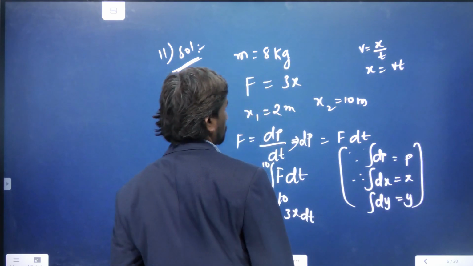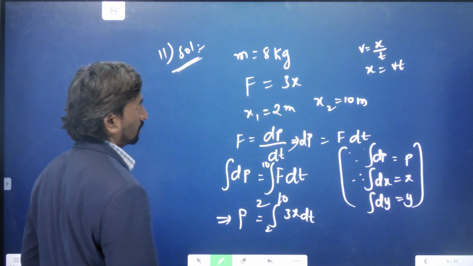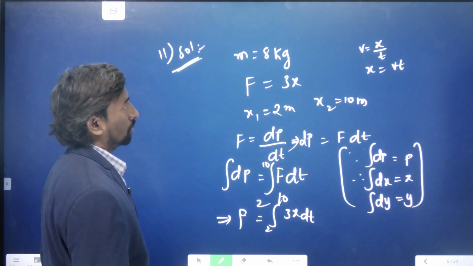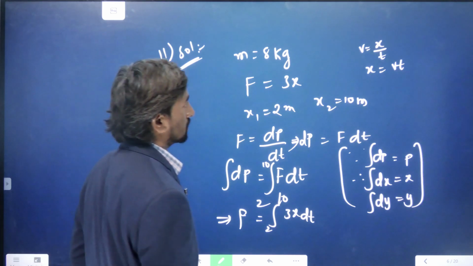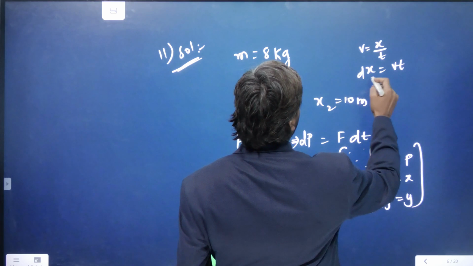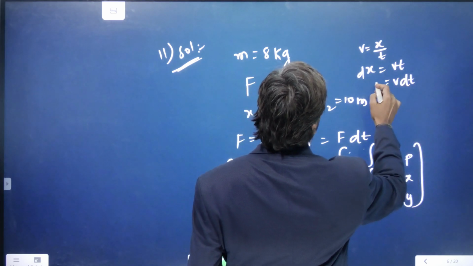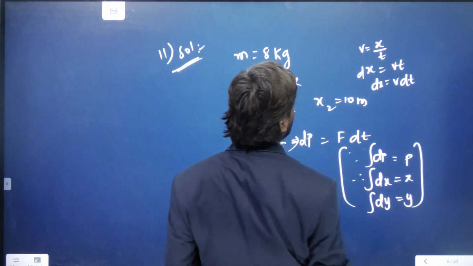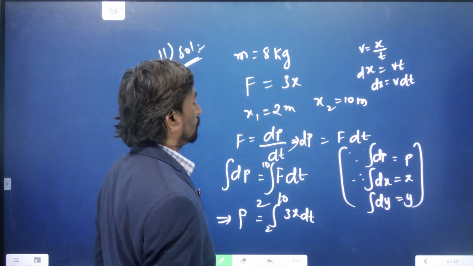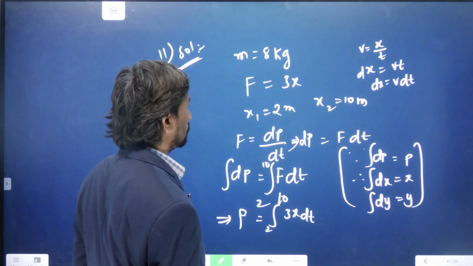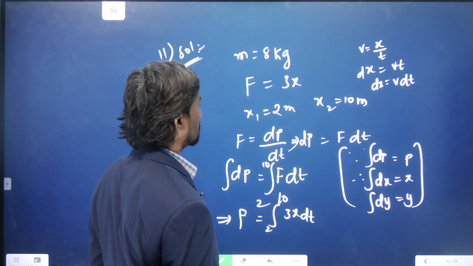Distance is equal to velocity into time, we can write. So now dx is equal to v into dt, we can write here. This we should convert into x.